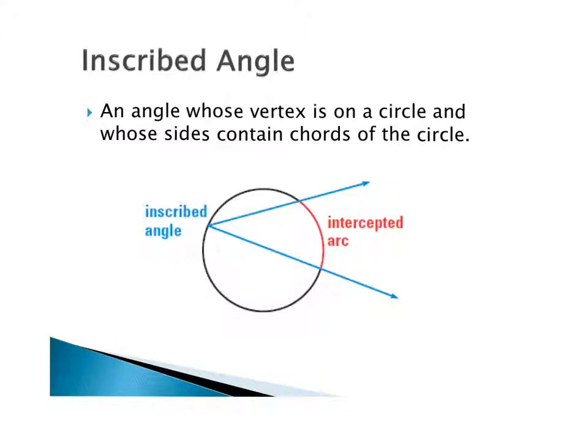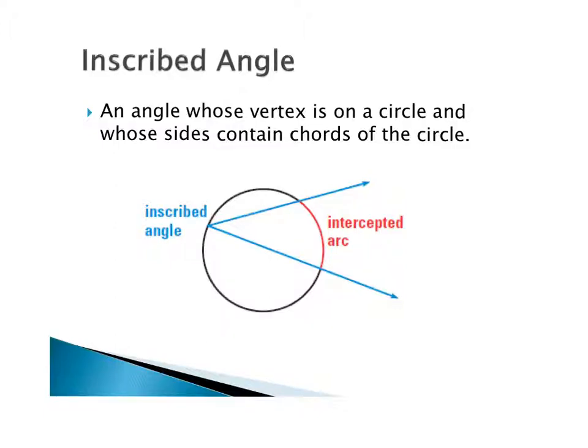So we've already seen the central angles, and those were the angles that had their vertex at the center. Our inscribed angles are going to have their vertices sitting on the edge of the circle. So it's an angle whose vertex is on a circle and whose sides contain chords of the circle.